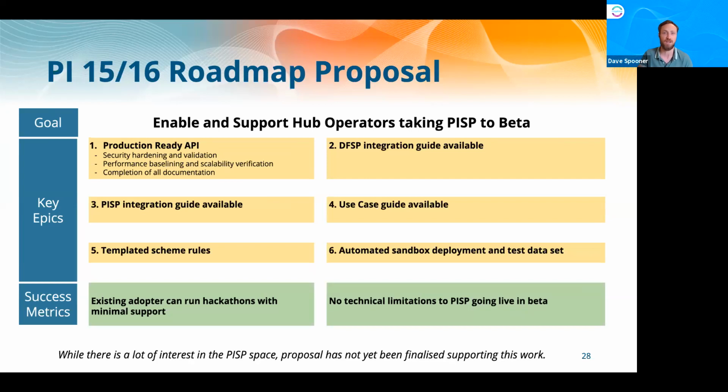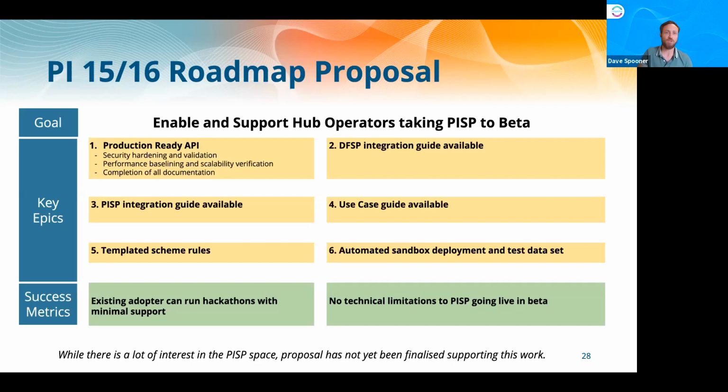So that kind of encapsulates the other key epics we've got there, making sure that we've got a suitable DFSP integration guide available, as well as a PISP integration guide available, and use case guides available so that people can really start to pick this up and run with it with minimal involvement.